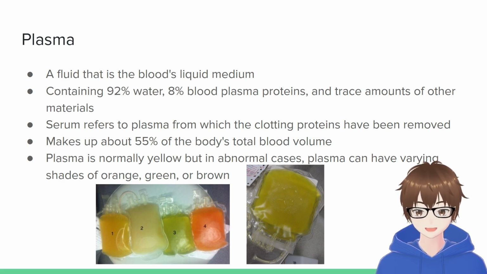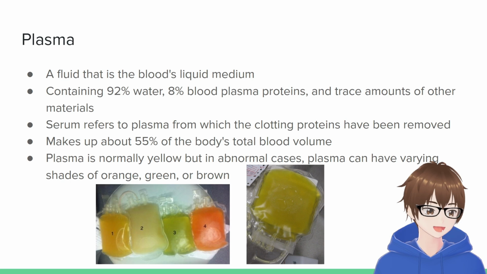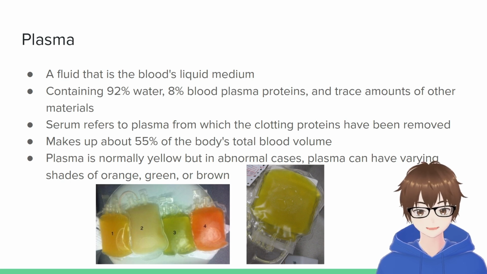So if you have plasma and you take out the clotting proteins, it'll be serum instead. Plasma makes up about 55% of the body's total blood volume. So, like we said, I think it was like 54.5 when we talked about blood composition. It's about 55%.